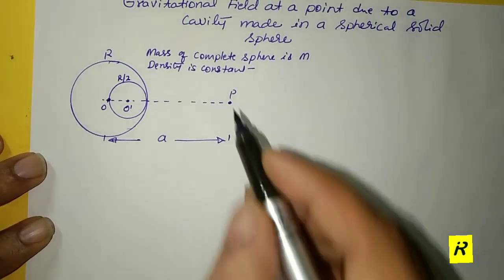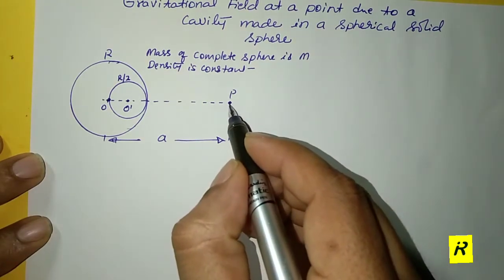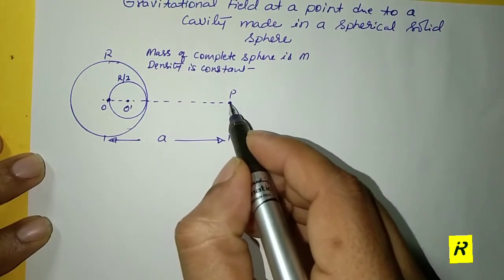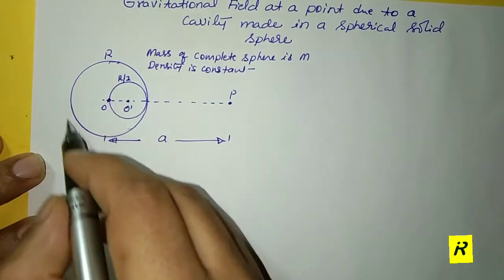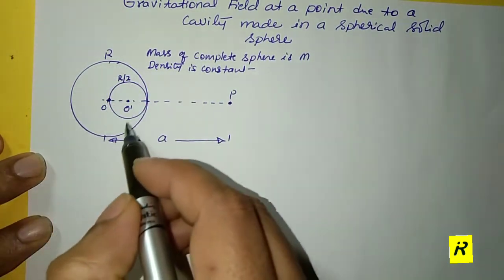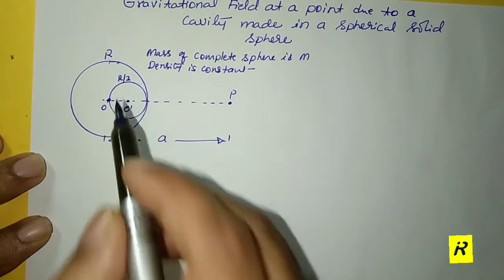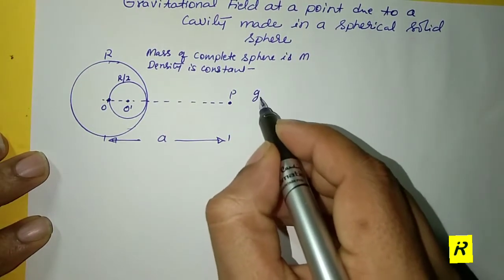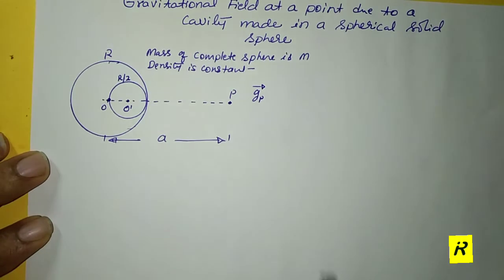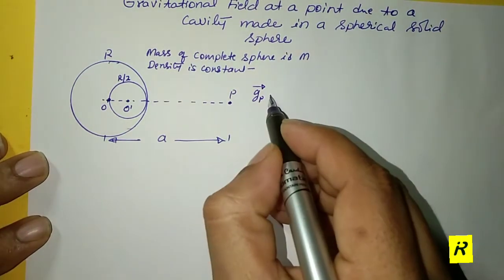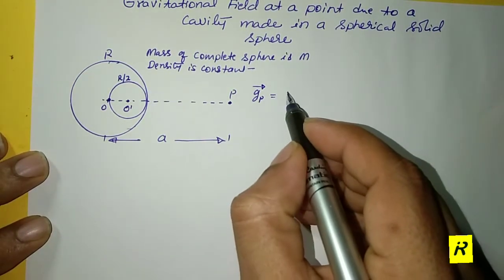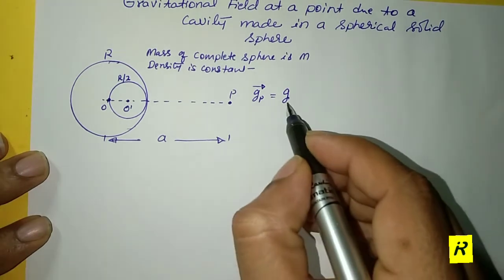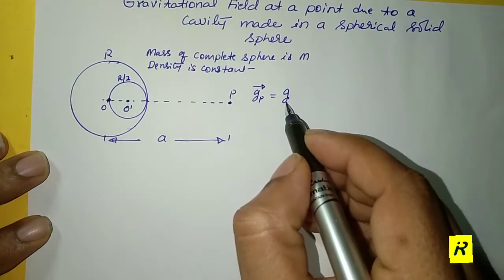Well, so now I have to find the net gravitational field at this point P only due to the remaining part of the sphere, that means with the cavity. So at this point the gravitational field, that is Gp, is equal to the gravitational acceleration due to gravity or gravitational field.